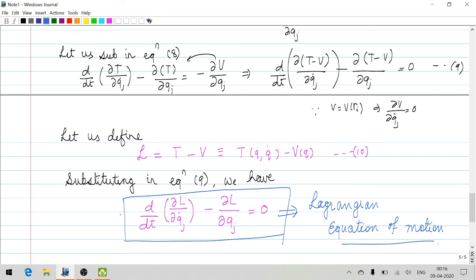Rather, when we solve problems, the importance of the equation comes out. Thanks a lot for listening to me, and be ready for the next lecture. Before that, you should revise this derivation at least twice or thrice. Thanks a lot.